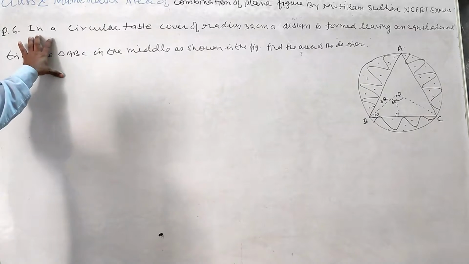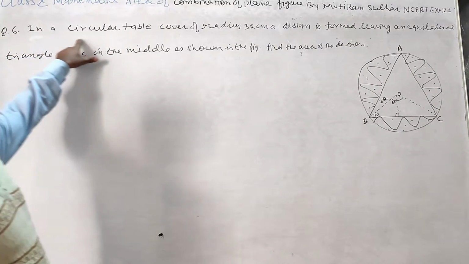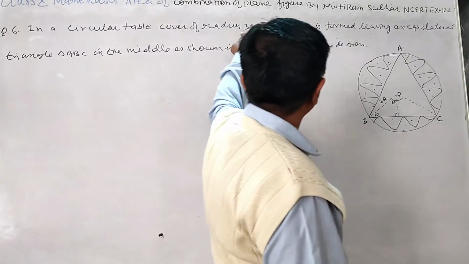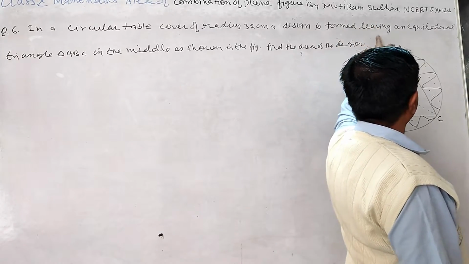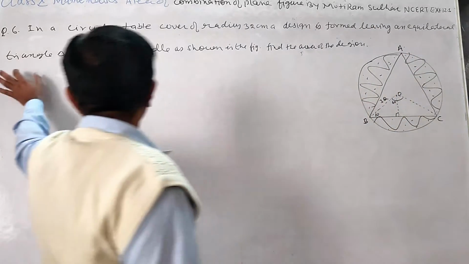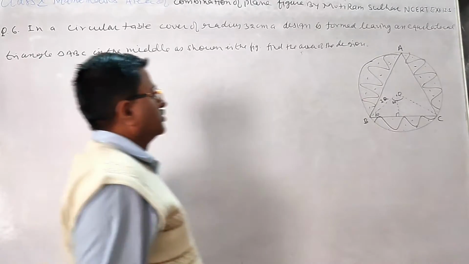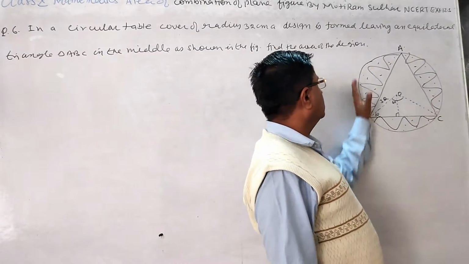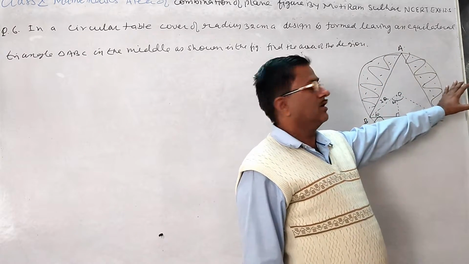Now the next question that is very important, we take question number 6: a circular table cover of radius 32 cm. A design is formed leaving an equilateral triangle ABC in the middle as in the figure. So dear student, we are given a table cover in the form of a circle.